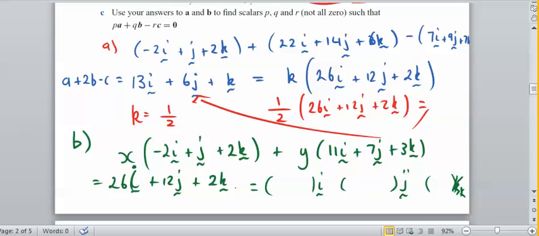So we've got negative 2x plus 11y, x plus 7y, and 2x plus 3y.